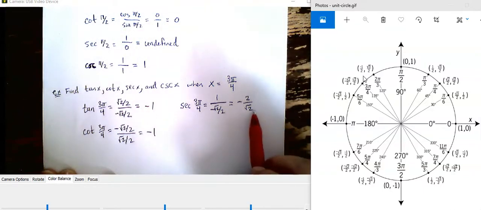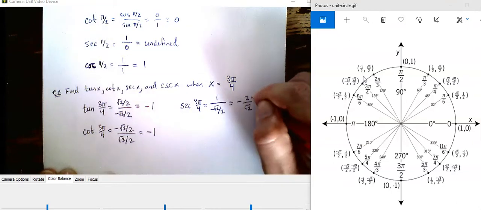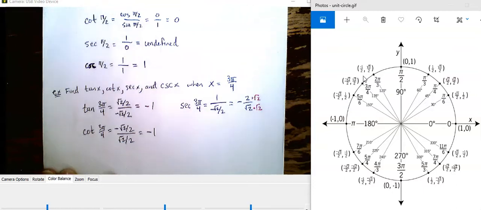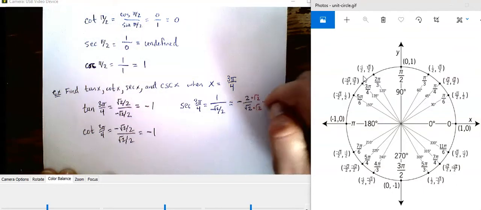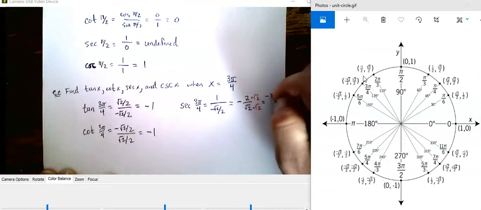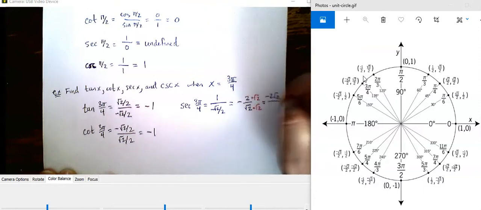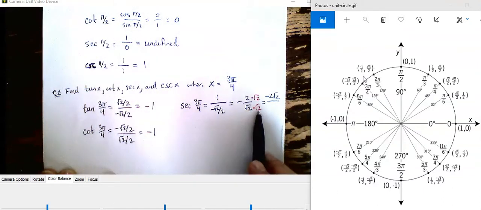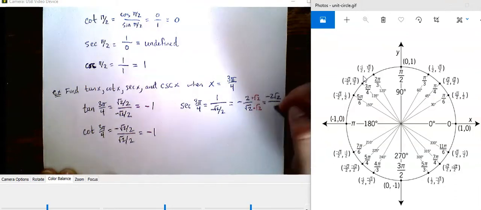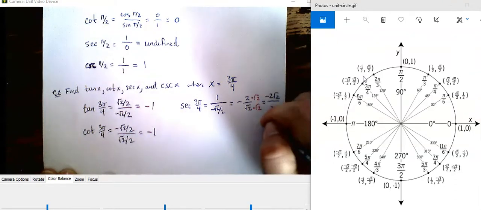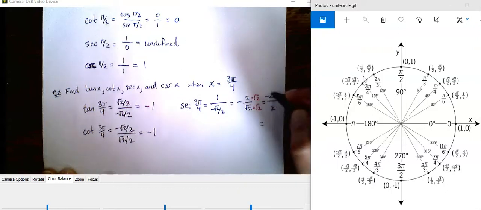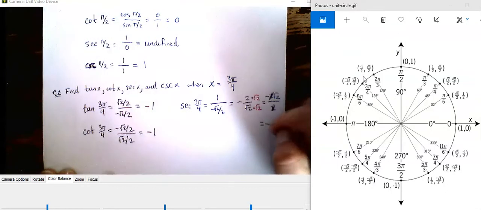The rule of thumb is that if there's a radical on the bottom, we can multiply the top and the bottom of this fraction by that radical. So square root of 2 times root 2. On top we'll have negative 2 root 2 over the square root of 2 times the square root of 2, which is 2. Therefore, this is equal to negative root 2.